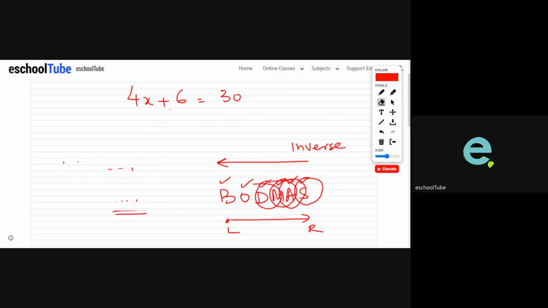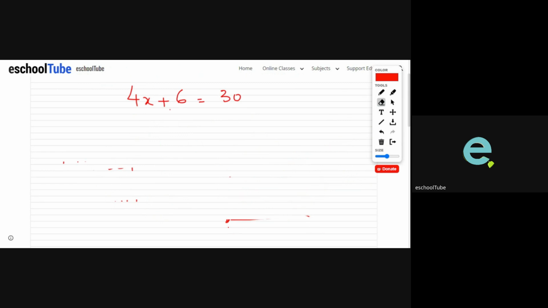Now if you see this equation, what will you remove first? Tell me that. Addition. Because on the rough side of your copy, quickly first write BODMAS. Then you see whether you are doing the operation or undoing it.